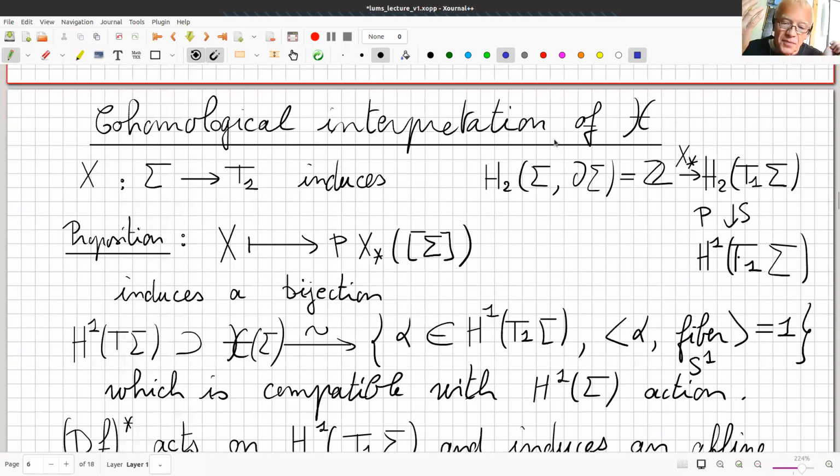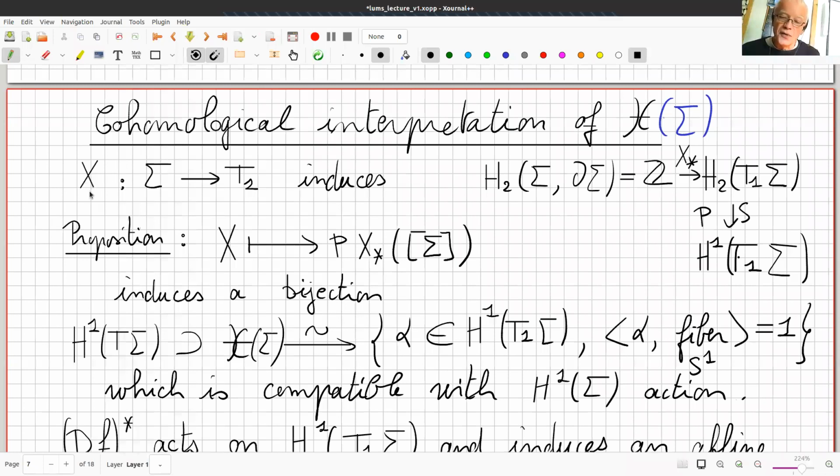And it's convenient to have a cohomological interpretation of this space Xi of sigma. I will use here a bit of algebraic topology. You could avoid it, but I think it's convenient to see it like this.